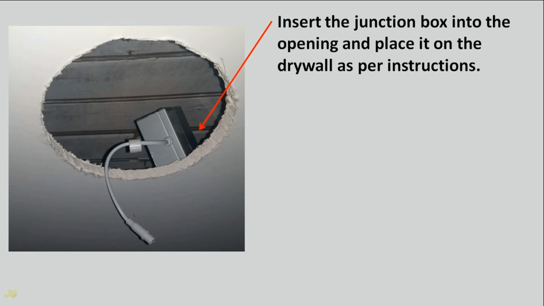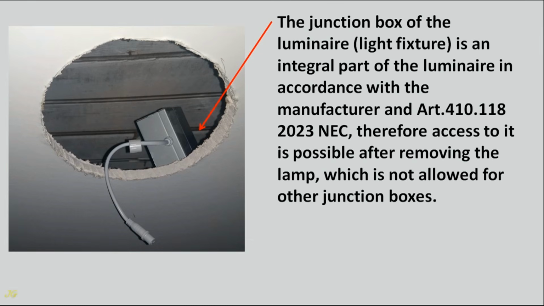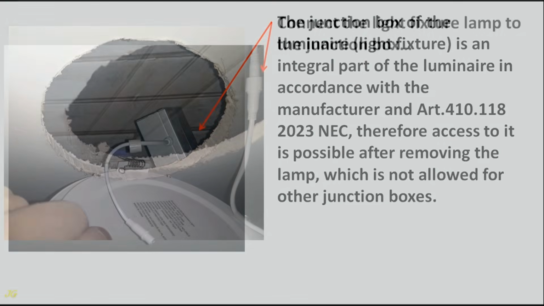Insert the junction box into the opening and place it on the drywall as per instructions. The junction box of the luminaire, light fixture, is an integral part of the luminaire in accordance with the manufacturer and Article 410.118 of the 2023 NEC. Therefore, access to it is possible after removing the lamp, which is not allowed for other junction boxes.